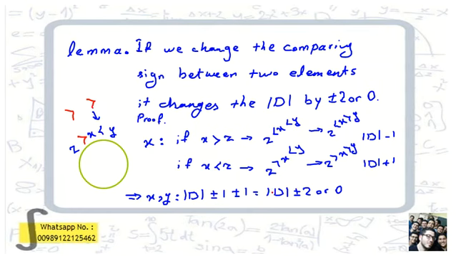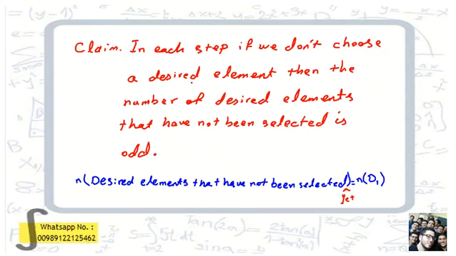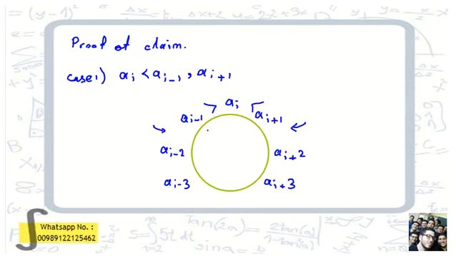So the parity of d won't change because it can change only by 2. Now, by this lemma, we want to prove the claim that n of d1 is also always odd if we don't choose a desired element.